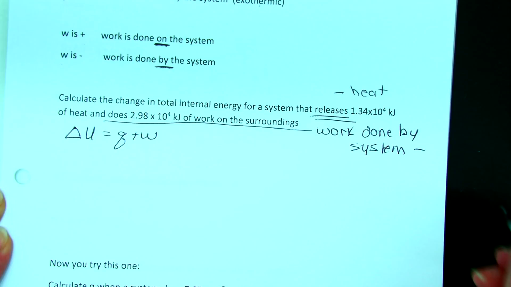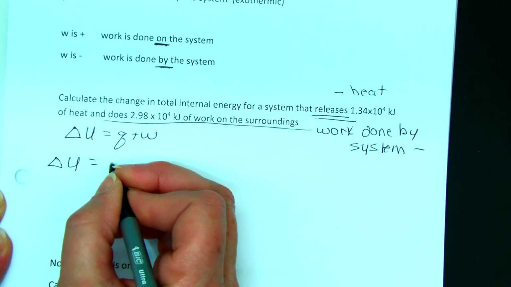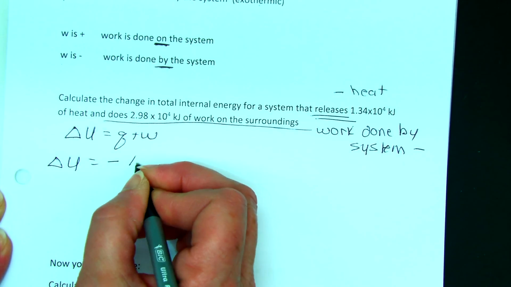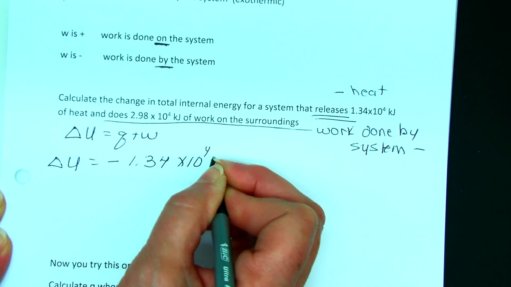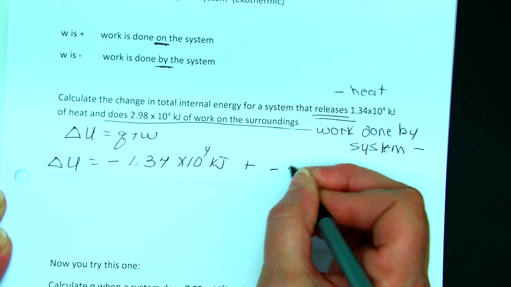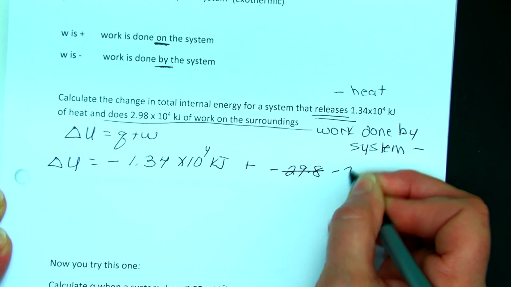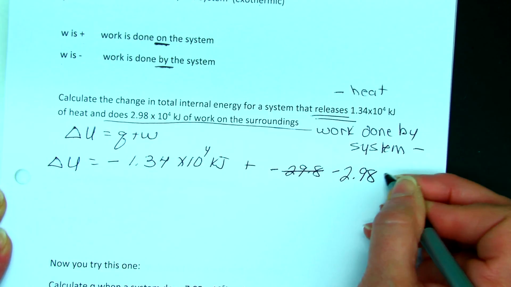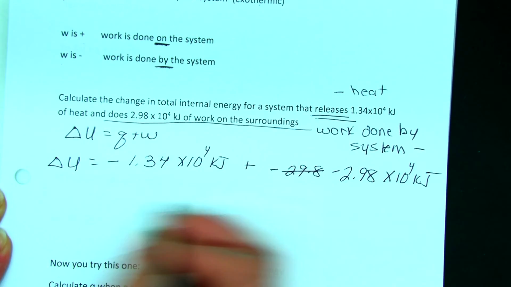So it's negative. So delta U is equal to negative the heat, 1.34 times 10 to the fourth kilojoules, plus negative the work, negative 2.98, not 29.8, times 10 to the fourth kilojoules.